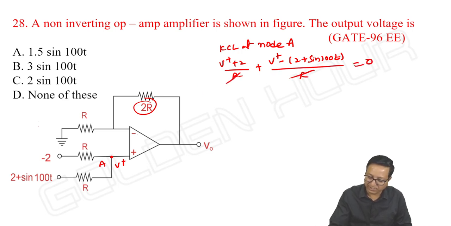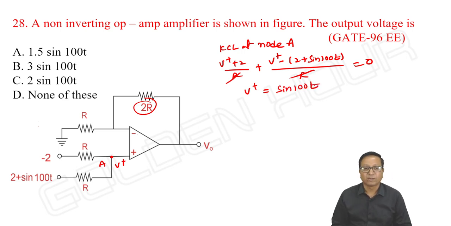R and R cancel. The 2 and −2 cancel, so 2V+ = sin 100t, V+ = (sin 100t)/2. That is of course equal to V−.